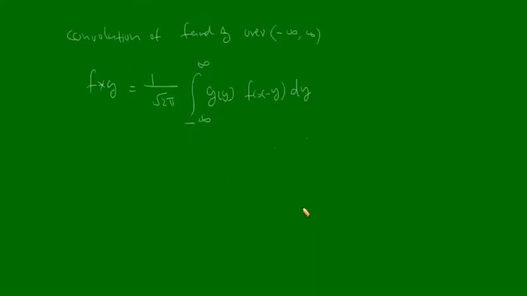Okay. Now what is f of x minus y? f of x minus y will be equal to 1 by root 2 pi, integral from minus infinity to infinity F of t into e raised to minus it (x minus y) dt.